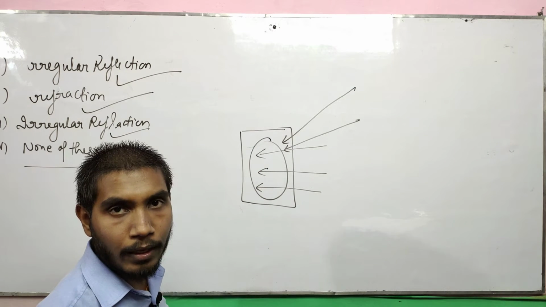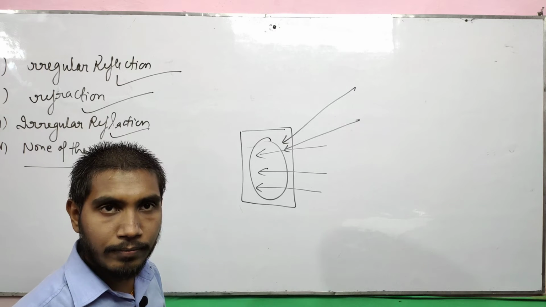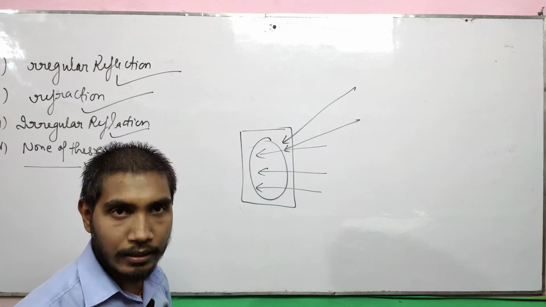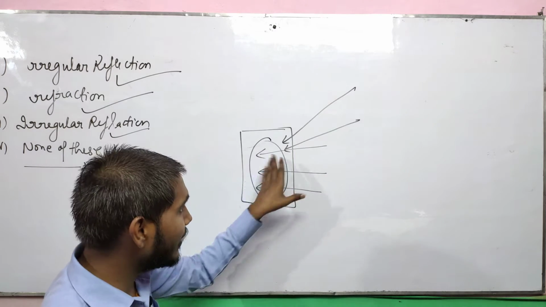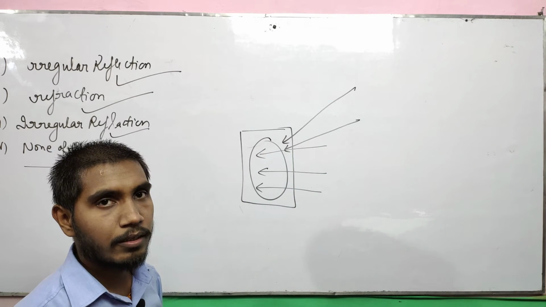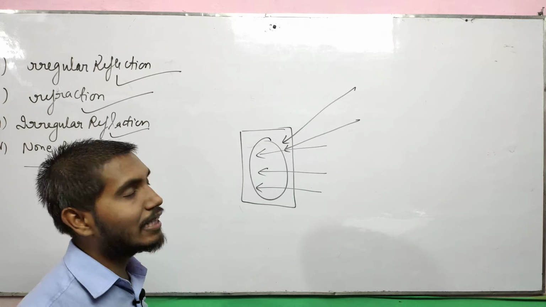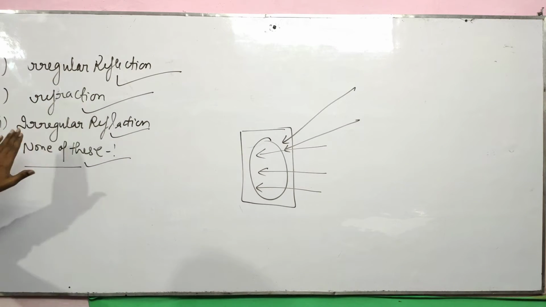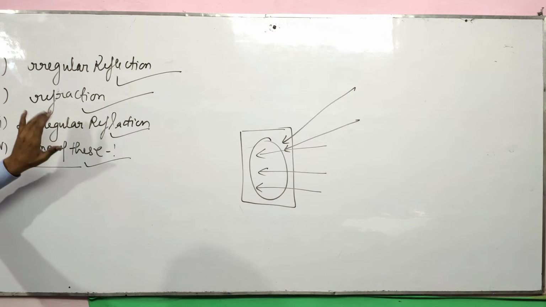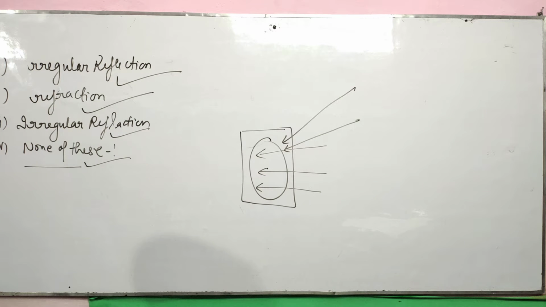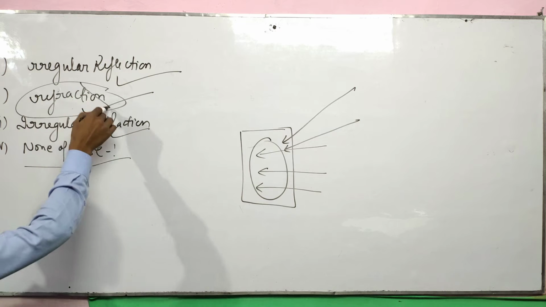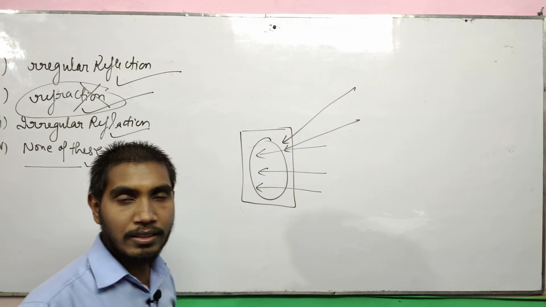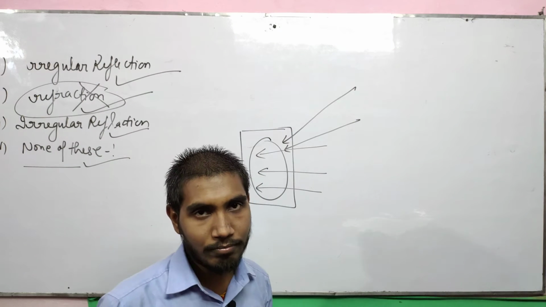In this room there is no light source and no sunlight directly entering. There is no chance of refraction, and none of these is not possible.